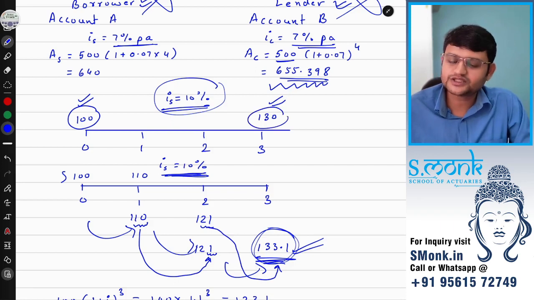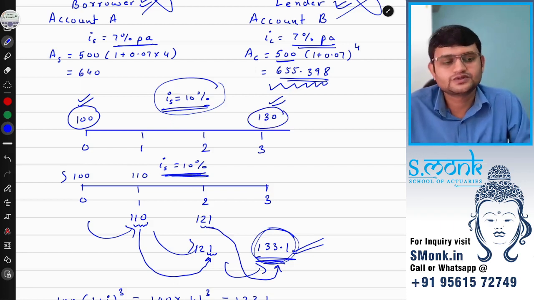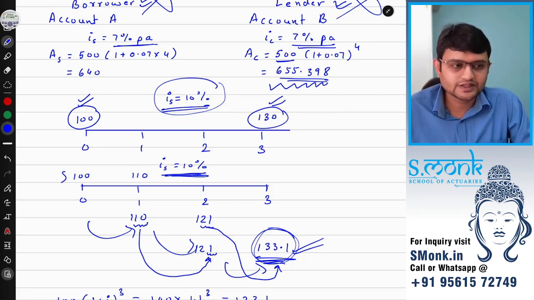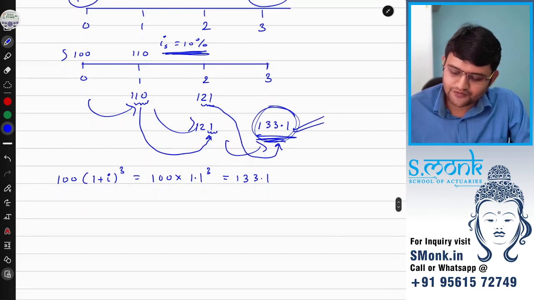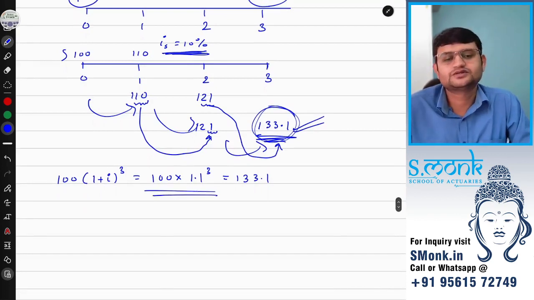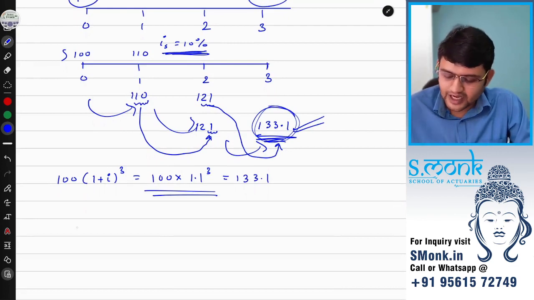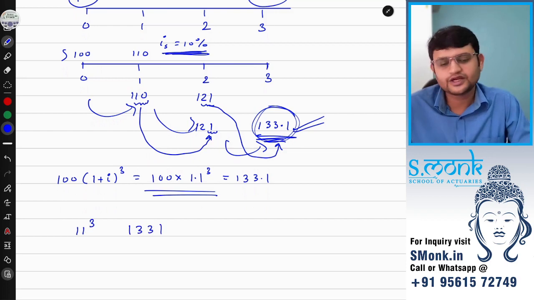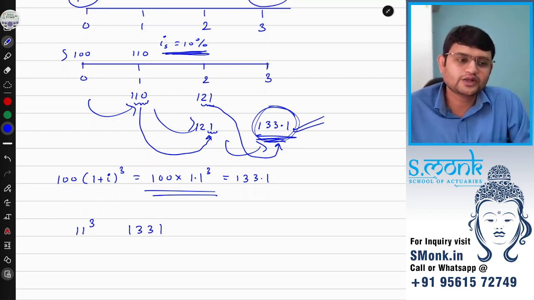So for 3 years, it becomes 30 rupees. Right? The calculation was very straightforward, very easy. Whereas for compound interest, I needed a calculator, because maybe you might say, I know what 11 cube is, that is 1331, so then it is very easy for me to do the calculations.